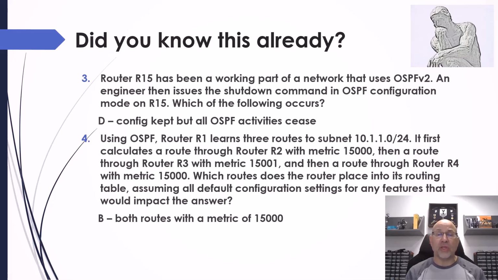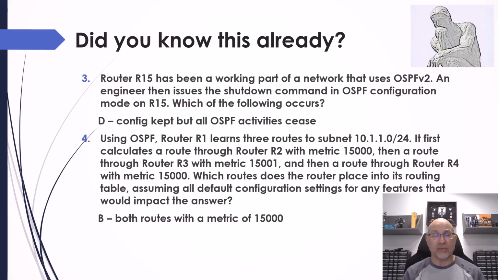Which routes does the router place into its routing table, assuming default configuration settings for any features that would impact the answer? Well, we now know the answer. We're going to do an equal cost multipath thing. The metric is the same to that destination from 2 different routes, so we install both of the routes with the lower metric of 15,000.